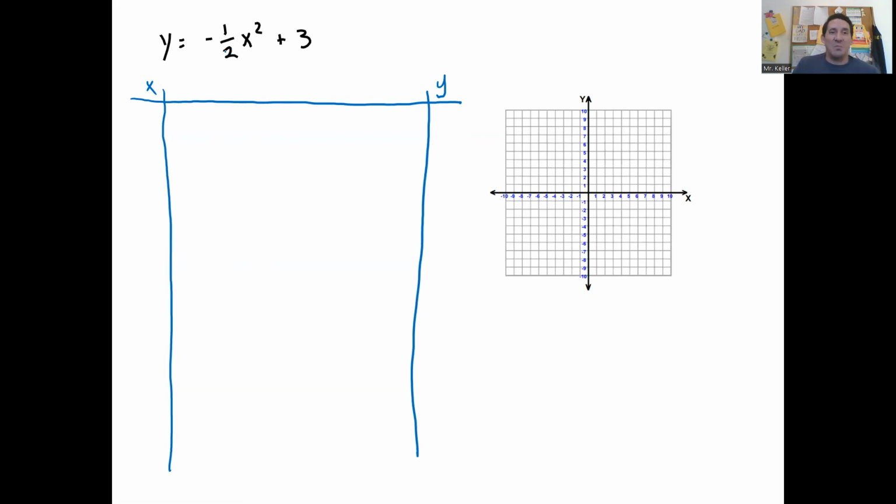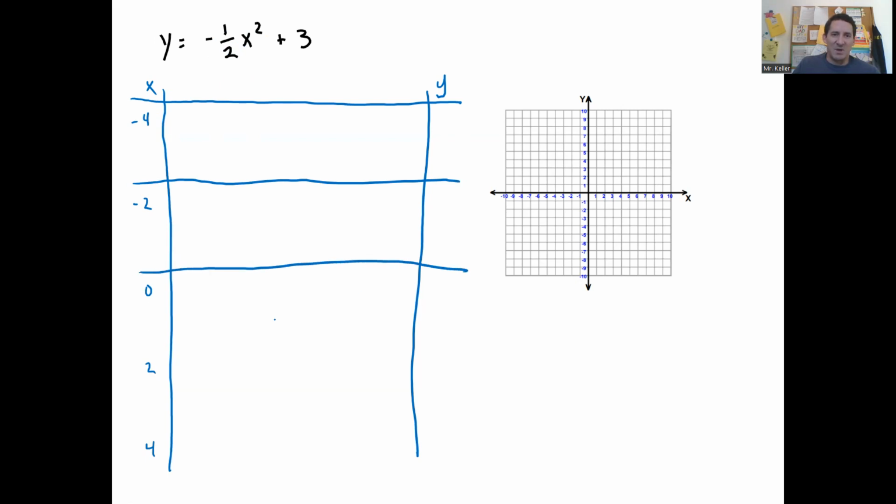So I'm going to do multiples of 2: -4, -2, 0, 2, 4. This is just going to make it easier. We're going to end up with whole numbers. If we used a 3 or something, it's going to make stuff fractions, and we don't want to have to graph fractions. So we might end up with some bigger numbers. That's okay. At least then we're just dealing with whole numbers.